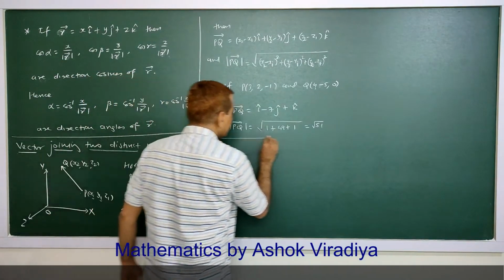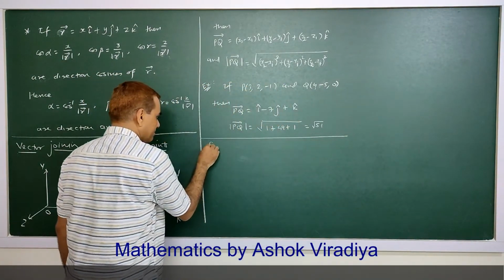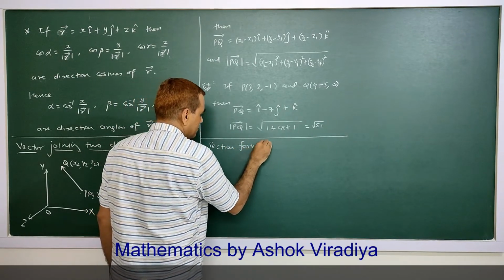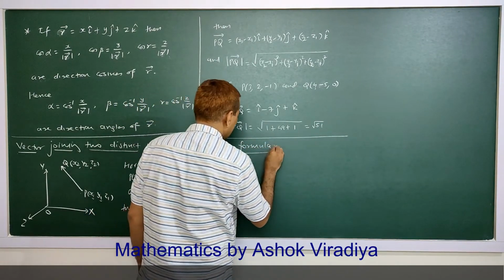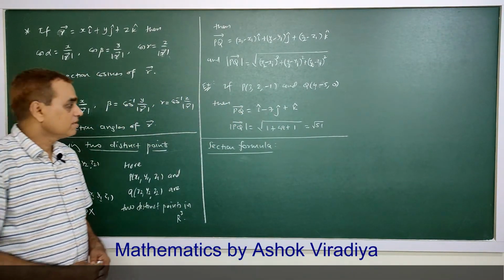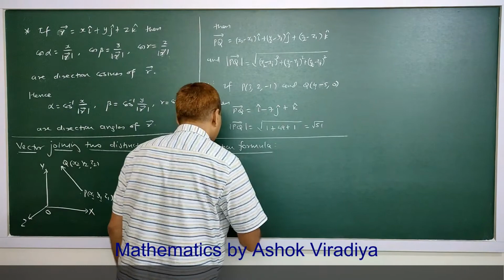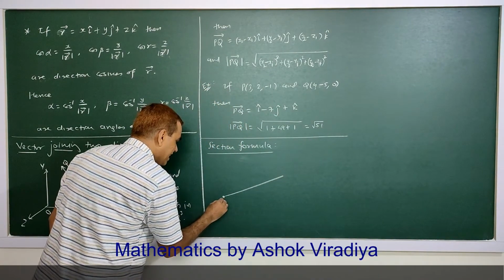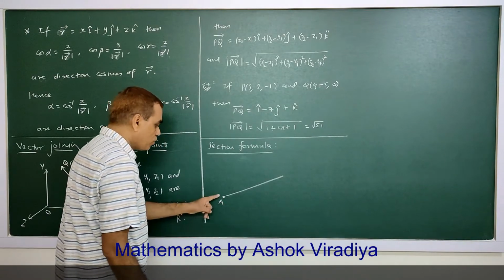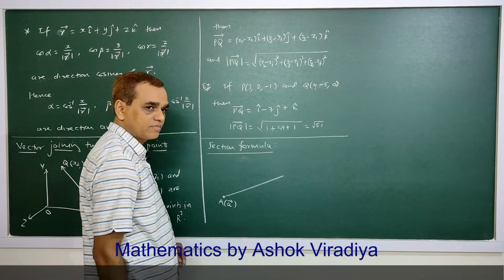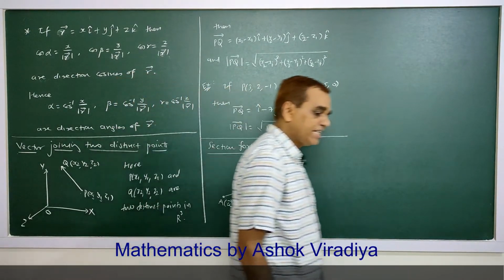Then the next point is section formula. Say suppose the position vector of point A is vector A. Let me show this diagram in detail.